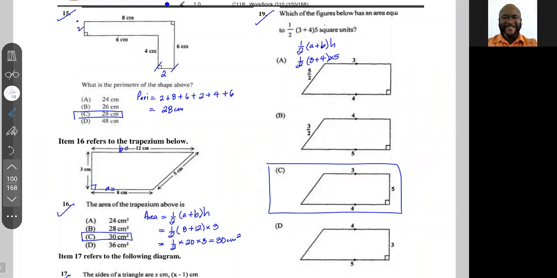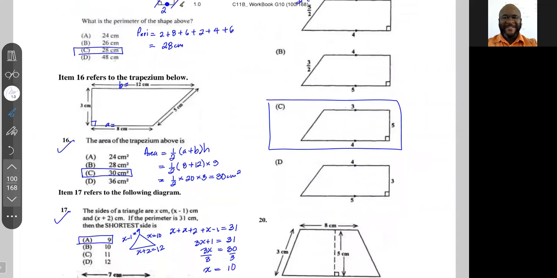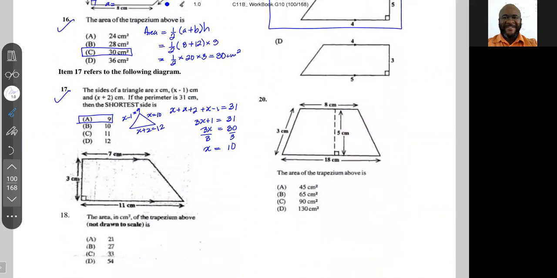The answer is C. Guys, please do 18 and 20.